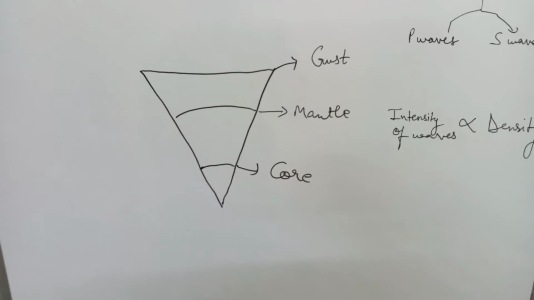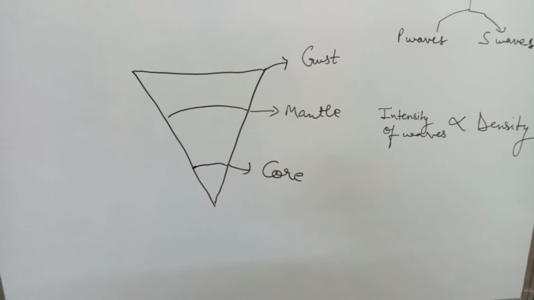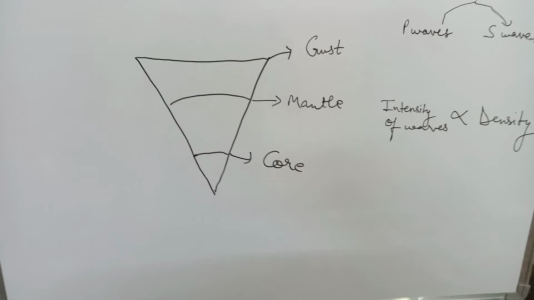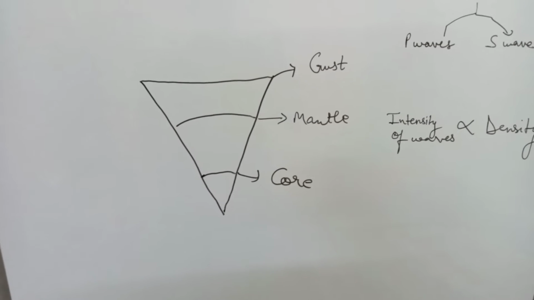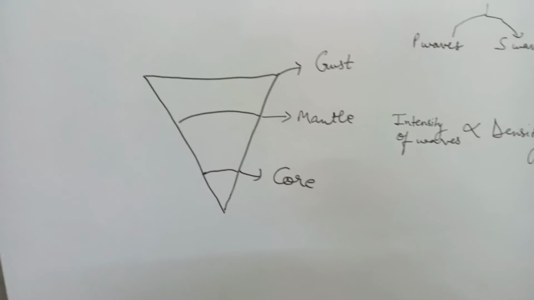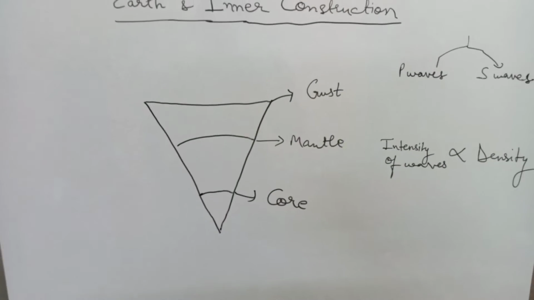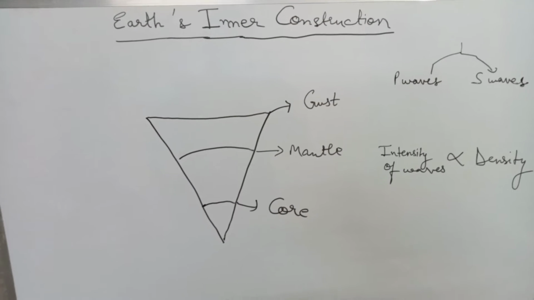For example, the crust is the most solid part. When we talk about the crust, we mainly encounter different kinds of elements like silicon and aluminum in the topmost part.